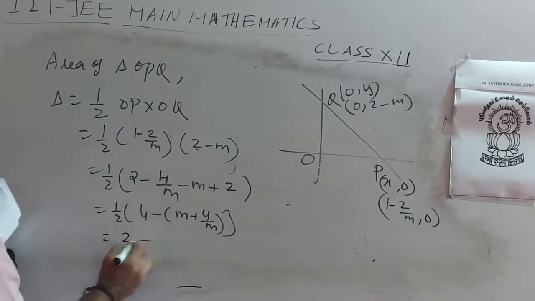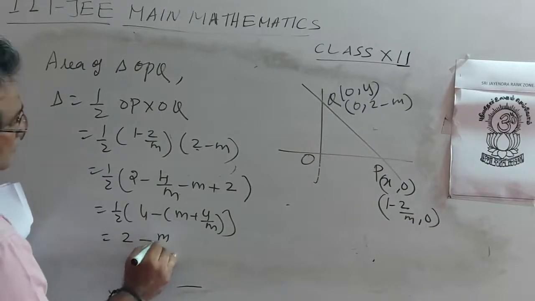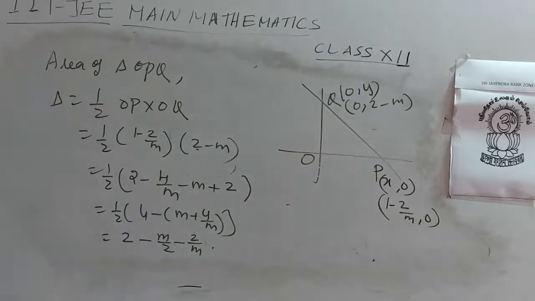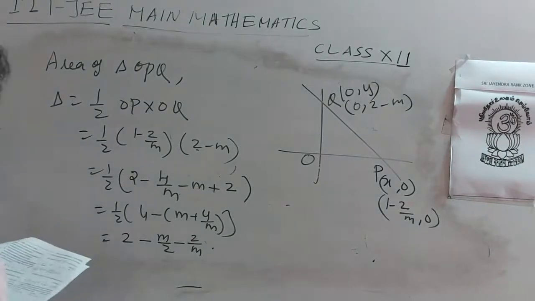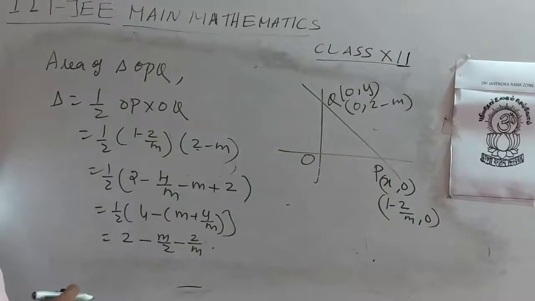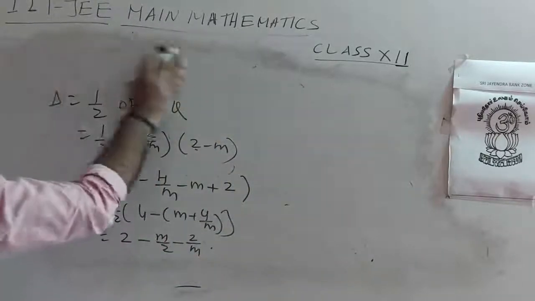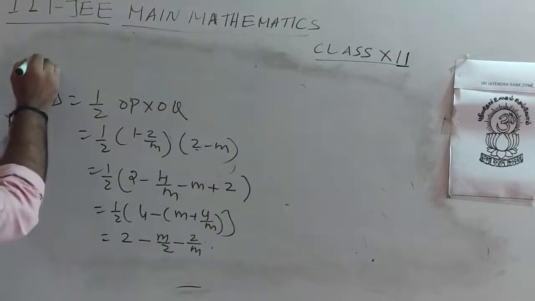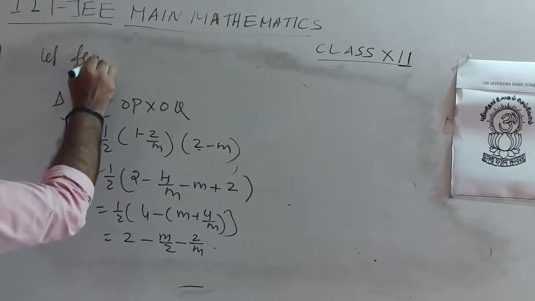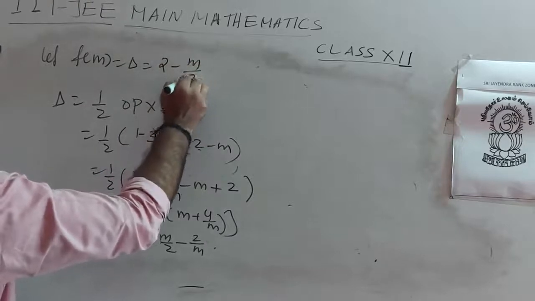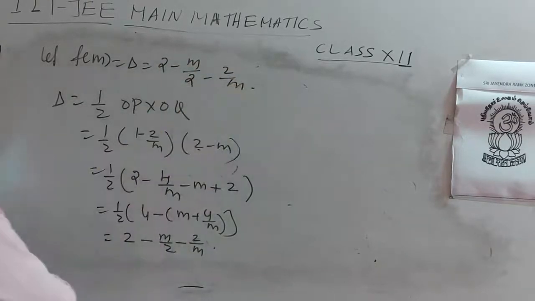So 2 minus m by 2 minus 2 by m. Let the area be f of m.